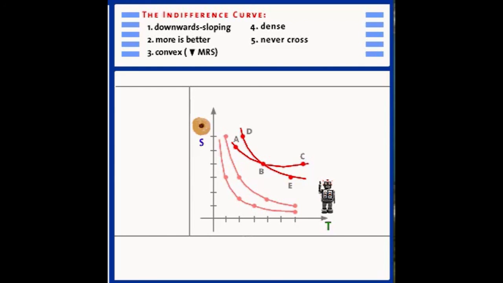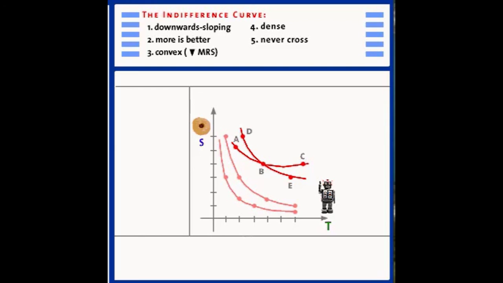Well, according to this logic, D is northeast of A, that is, D has more stuff than A, so that must mean what? That's right, D is better than A. On the other hand, if you go down here, you'll see that since C is to the northeast of E, that must mean that this bundle, which has more stuff, is better. C is better than E.